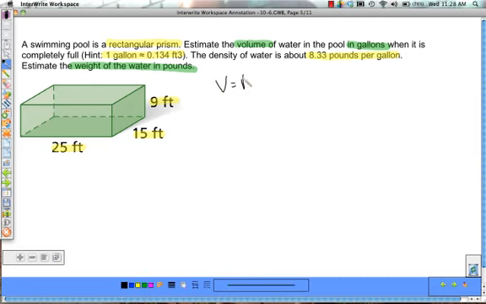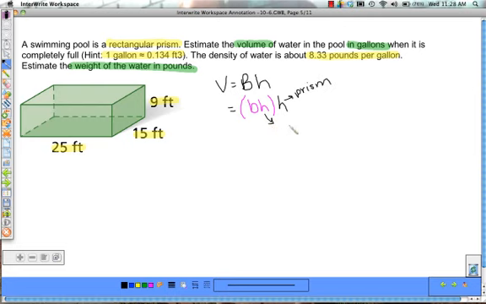The volume of a rectangular prism is area of the base times height. The shape of our base is a rectangle, so we have to insert base times height for a rectangle, and then another height. Now remember, we have two different h's here. This h is the height of the prism.